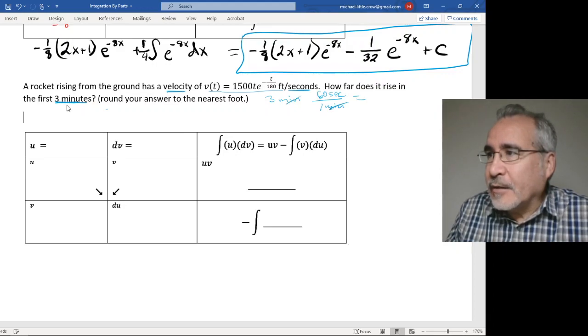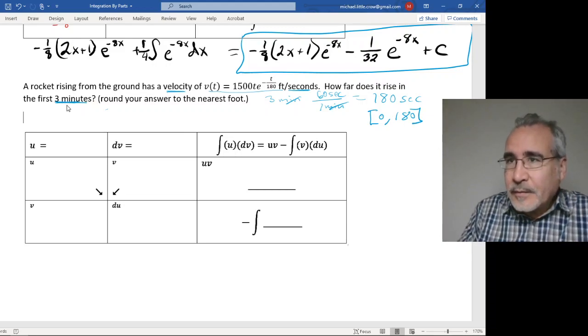So the minutes cancel. 3 times 60 is 180 seconds. So what we really want is the interval from 0 to 180. That's what they're asking, 180 being 3 minutes. So this is what they're asking us to do.